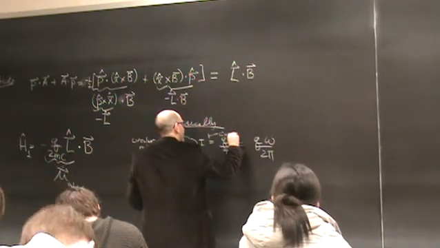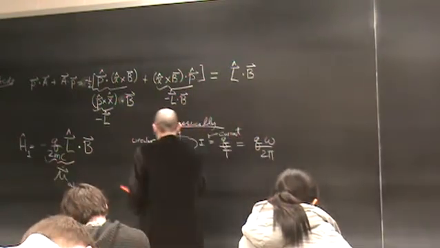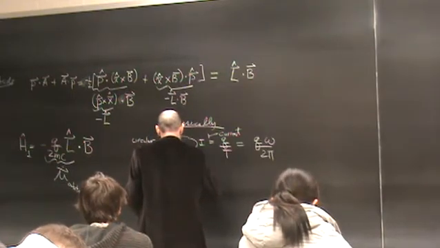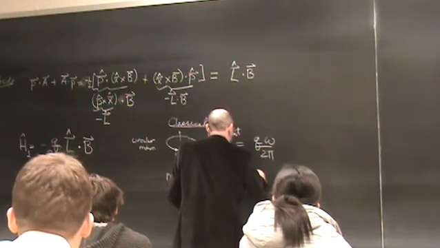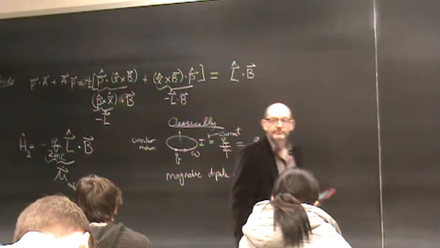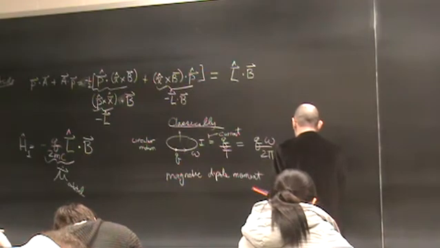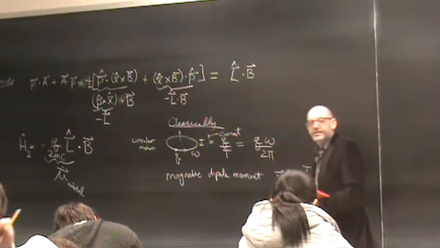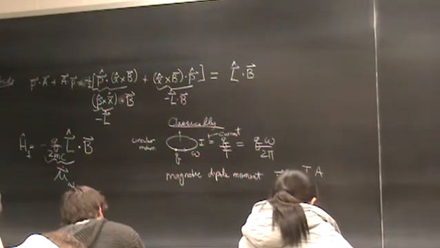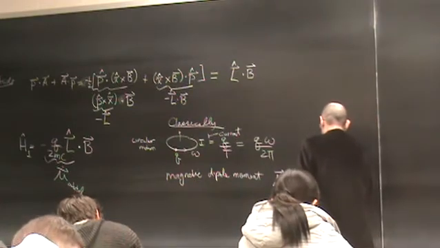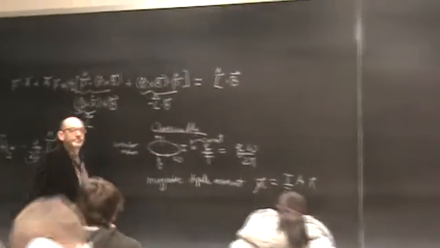If I have a current loop, then I have a magnetic dipole moment, which we'll call mu. And that magnetic dipole moment is equal to the current times the area of the loop in SI units, and it's over c in CGS units, in the direction normal, along omega.